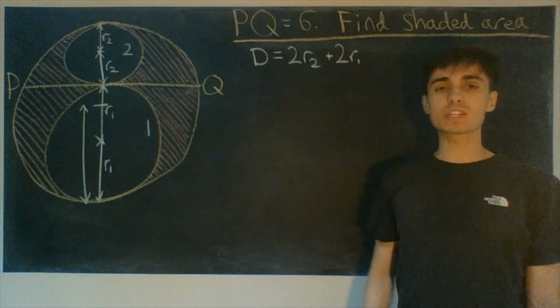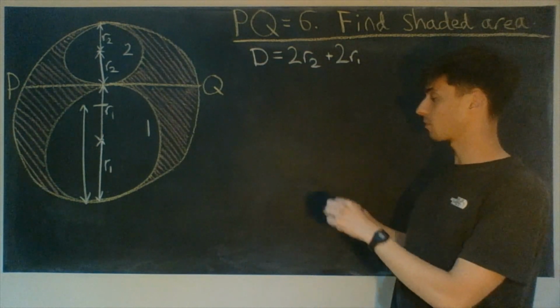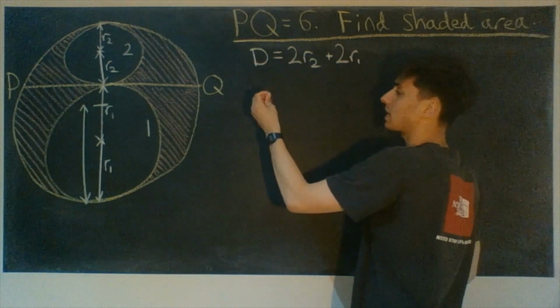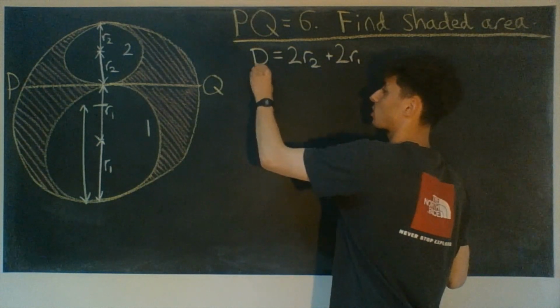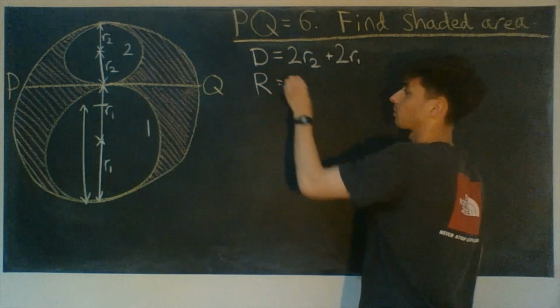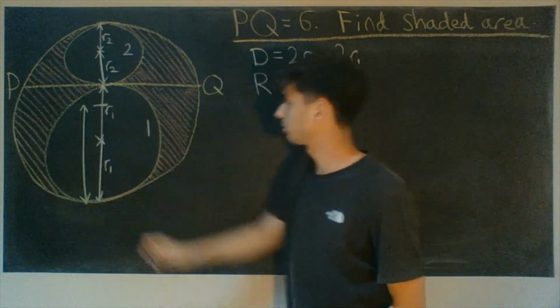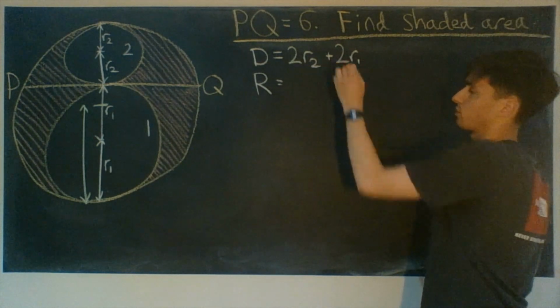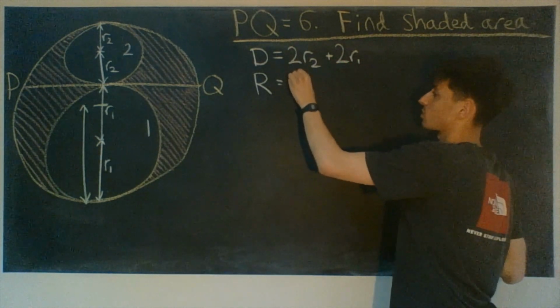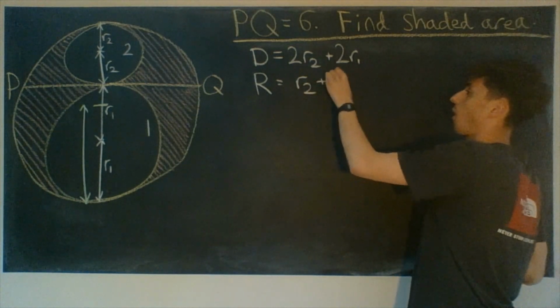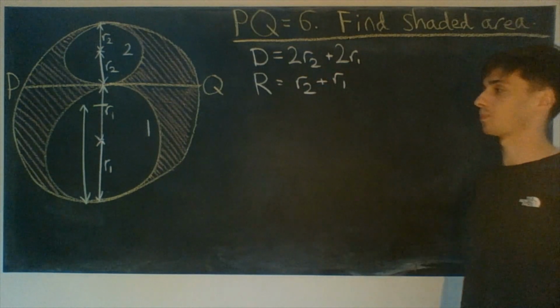Well, radius is always half of diameter. So what we need to do is half this D. Let's call the radius of the big circle, the whole thing, capital R. We need to half 2 lots of R2 plus 2 lots of R1. So that will definitely just give us R2 plus R1.